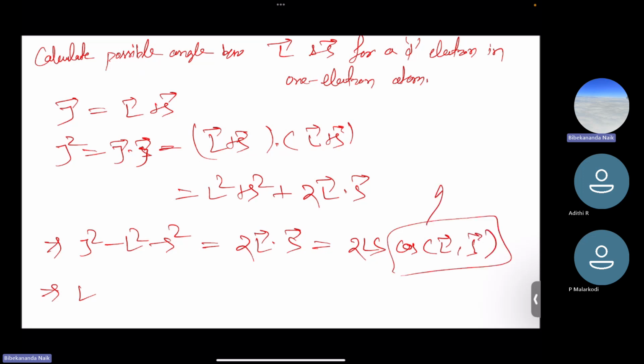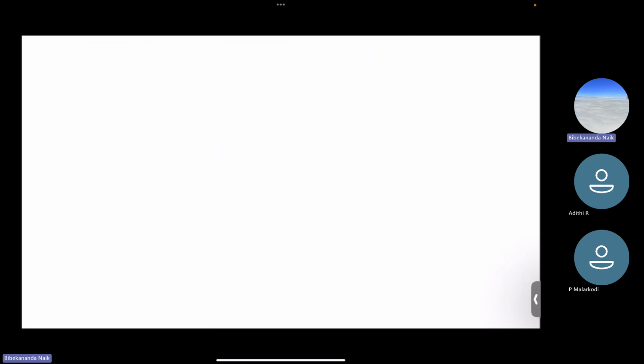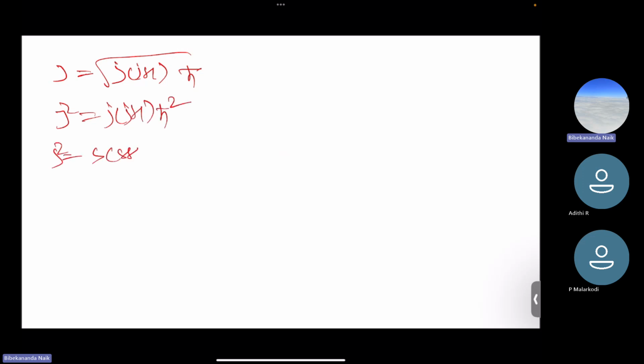So we need to find this value, that is the angle between L and S. So cos of the angle is (J squared minus L squared minus S squared) divided by 2 L S. We know J is root of J into J plus 1 times h cross, so J squared will be J(J+1) h cross squared. S squared will be S(S+1) h cross squared. L squared will be L(L+1) h cross squared.